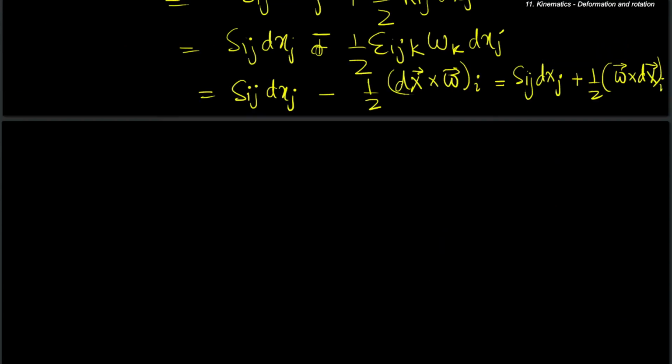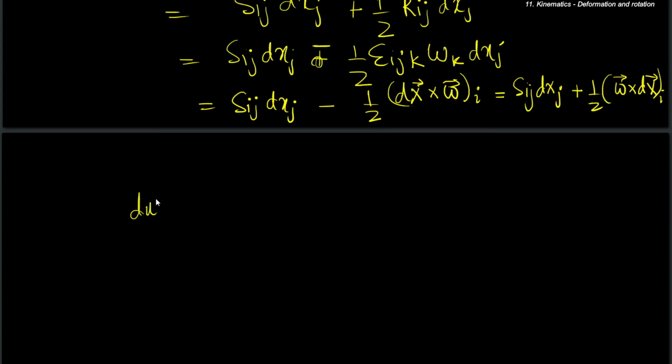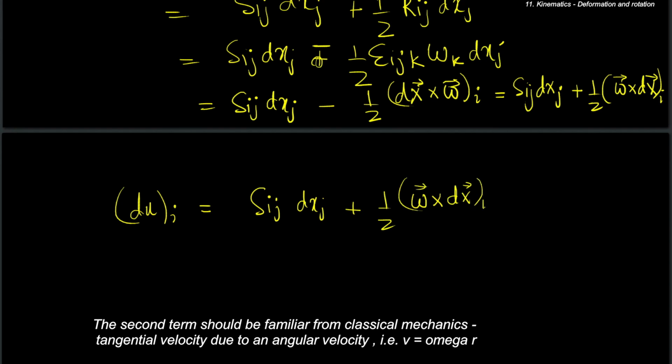So it is nothing but the difference in velocity, the ith component in the difference in velocity is equal to the deformation tensor times the distance between the two particles plus half omega cross dx, its i component.